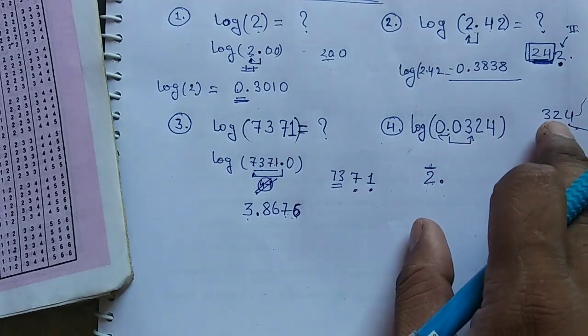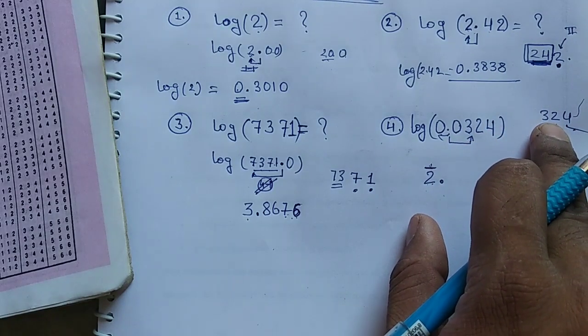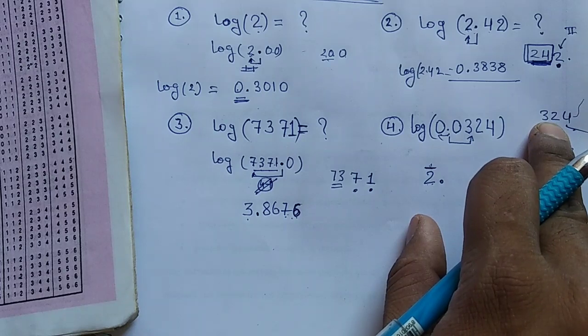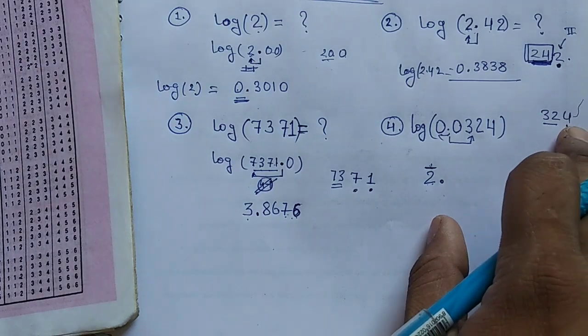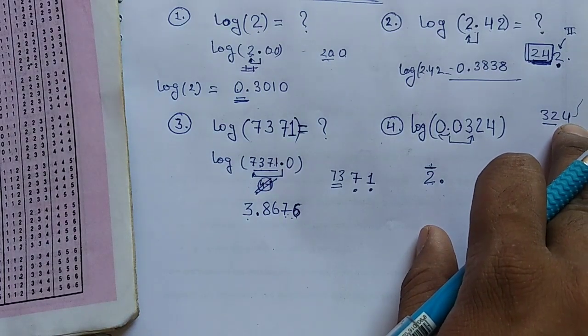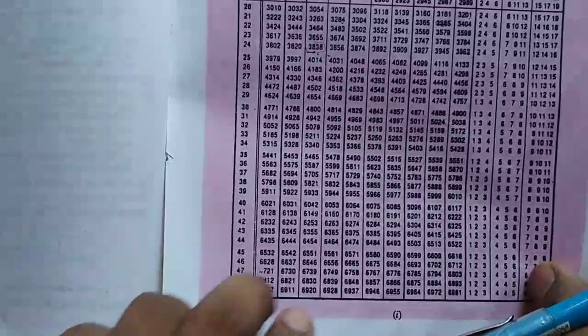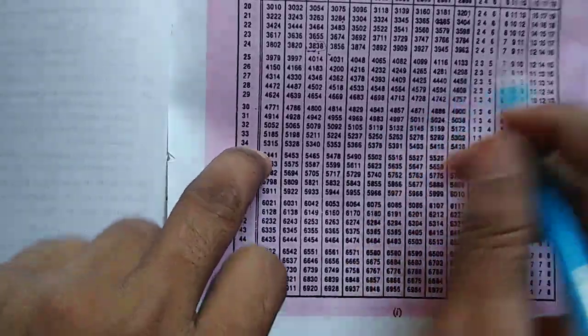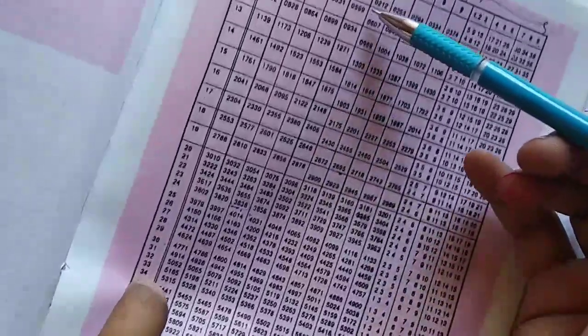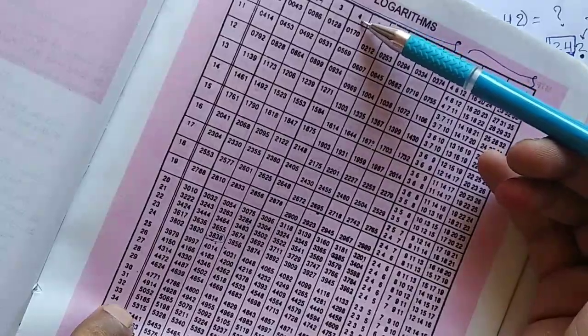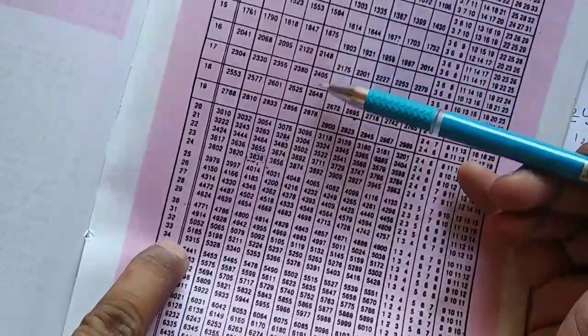In this case, you are to look in the first column for 32, and in the second column for 4, the intersection of these two columns. Look over here, this is 34, and over here it is 4, 34 4.